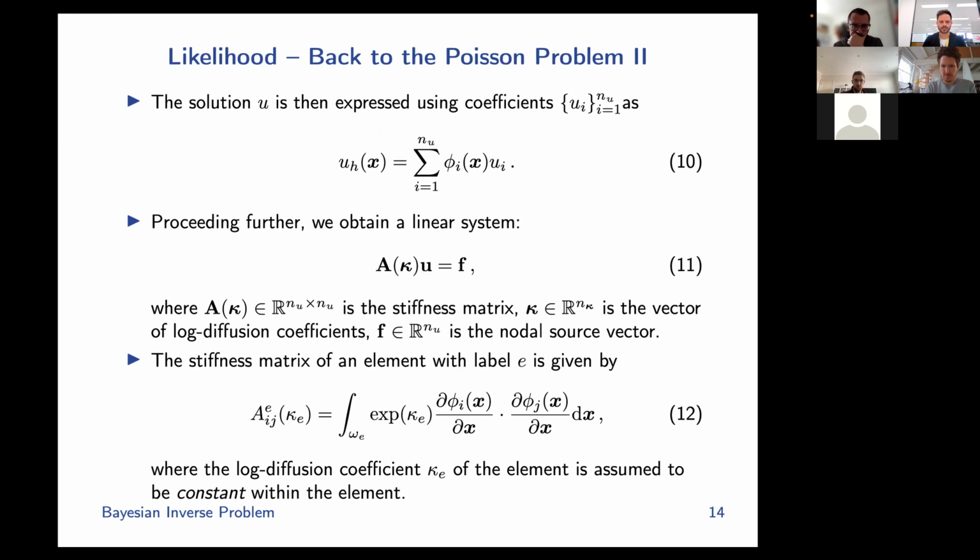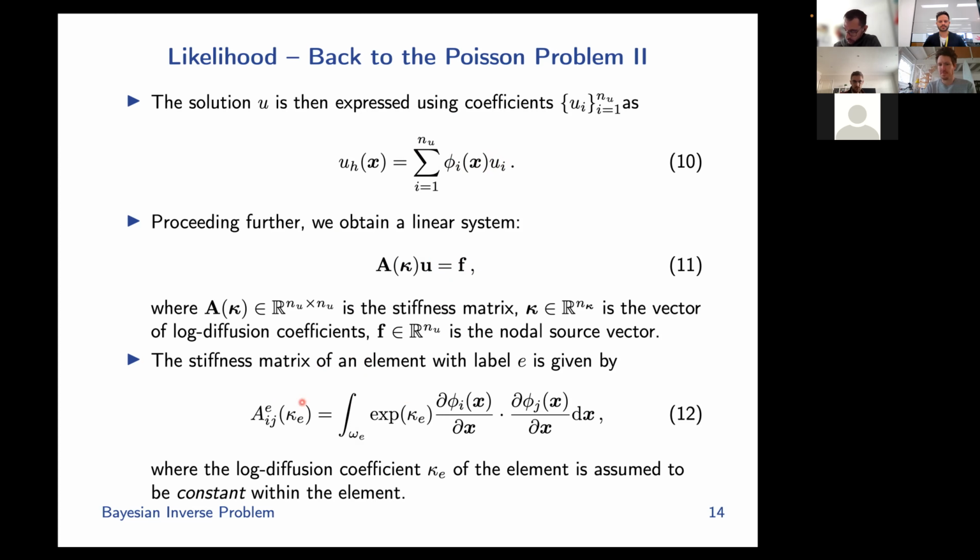Then we can express the solution using coefficients U_i. By discretizing the stiffness matrix and the right-hand side, we get the linear system as follows, where we have the stiffness matrix, which depends on κ, and U is the coefficient vector of our solution, and then we have the discretization of the right-hand side.